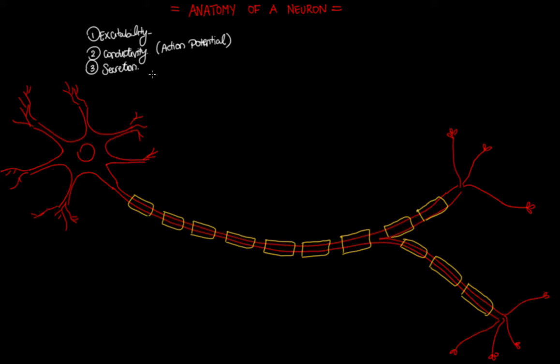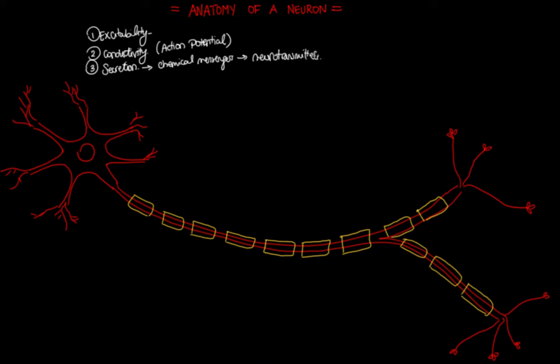And so at the very end or the tips of the neuron, we have what we call axon terminals, and they secrete chemical messengers as a way to communicate with the neighboring neurons. So we'll be talking about that as well in other lessons. And so secretion of chemical messengers that we call neurotransmitters.